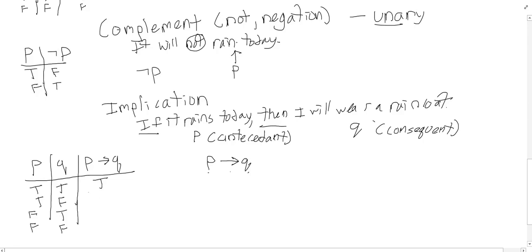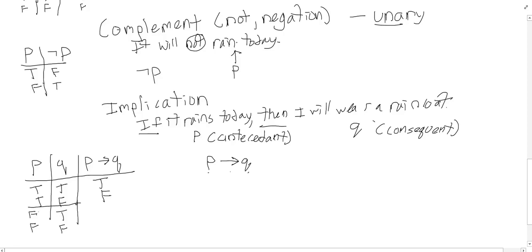We're golden. But if P happens and Q doesn't happen, then we're false, because if it rains today and then I go out without my raincoat, I lied. The statement, if it rains today then I will wear a raincoat, is patently false if I don't wear a raincoat when it rains. But these next two are where things start to break down and get tricky.